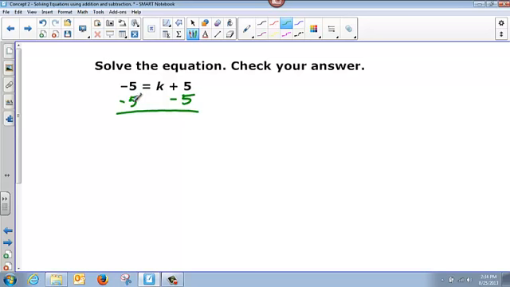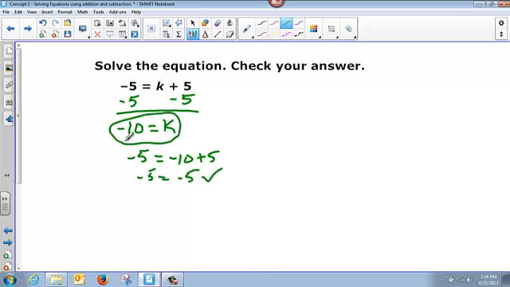Negative 5 minus 5 is negative 10. So that equals k. And we're going to have to check this. So negative 5 equals negative 10 plus 5, and negative 5 equals negative 5. That is correct. So the solution here is k equals negative 10.